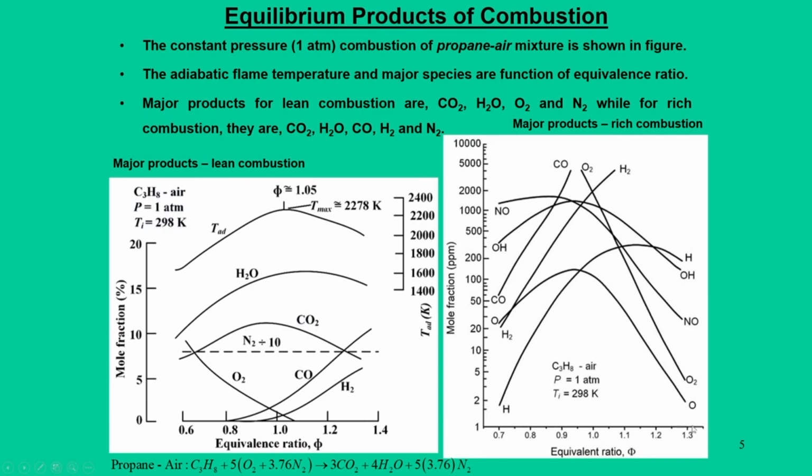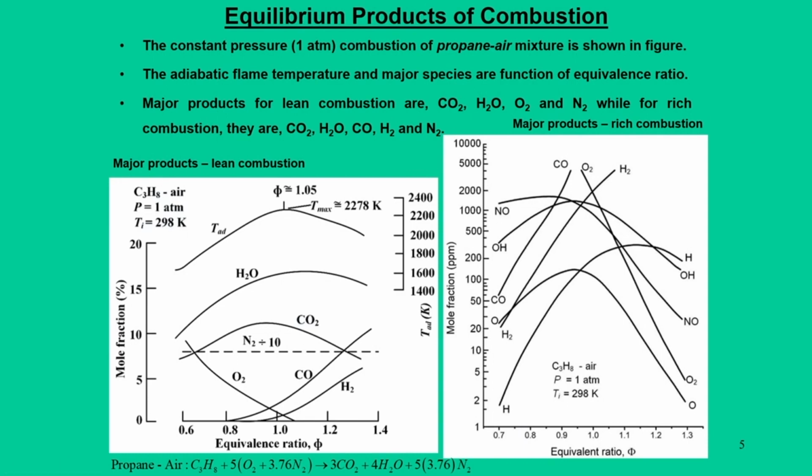Now, the question arises: why are these formed, what are the mechanisms, and from where did they start arising? In fact, all these are radicals, they form in between. Sometimes they come out as a product and sometimes they do not.